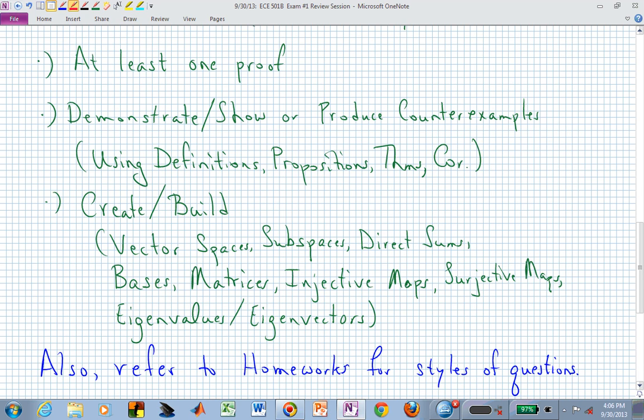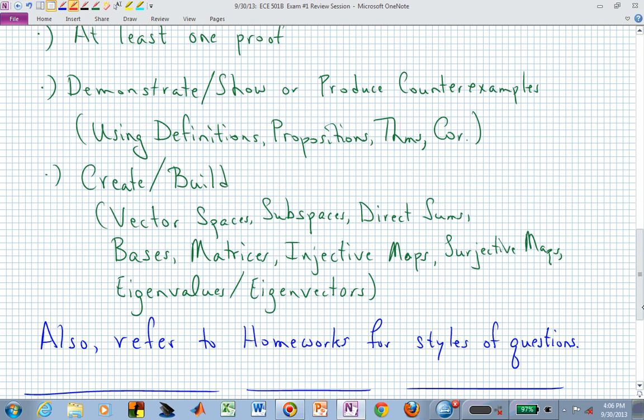Matrices: how do you create a matrix representation for a linear map? Once you have these linear maps, when is a map injective, when is it surjective? And finally, into chapter 5, we start looking at how to find eigenvalues and eigenvectors for linear operators.